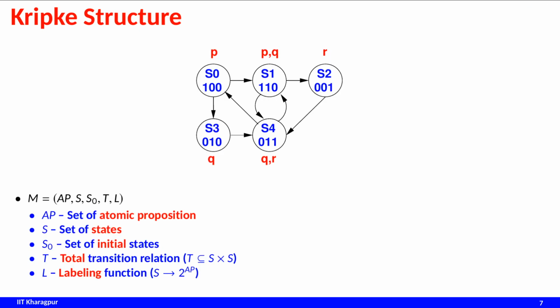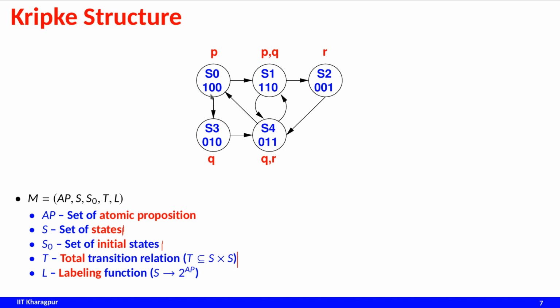And when we say we need a model, the model requires a Kripke structure, which is similar to the finite state machine. Now there are a few differences. So let us look into what is there in the Kripke structure. First thing, I have a set of states S, I will have a set of initial states, which is similar to the finite state machine, and I will have a transition relation.